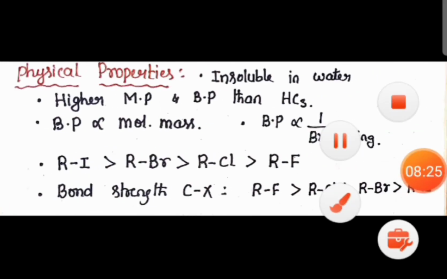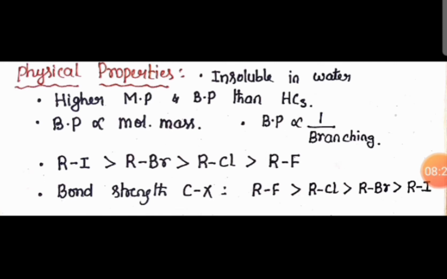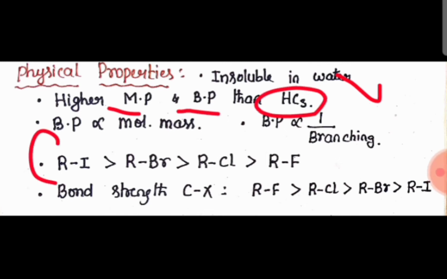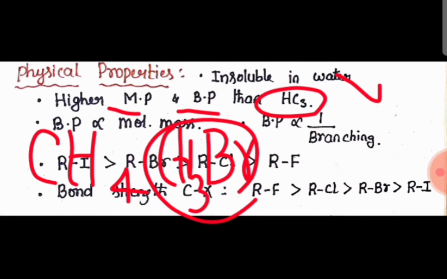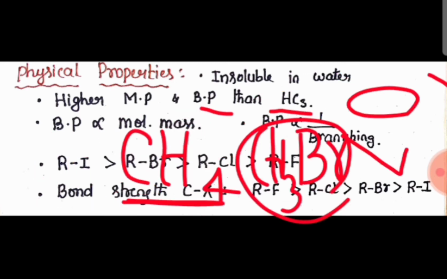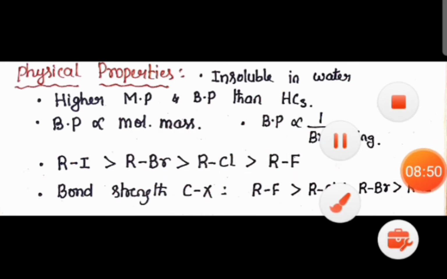Now let us see the physical properties of haloalkanes. They are insoluble in water and they have higher melting and boiling points compared to the parent hydrocarbon. Compared to methane, methyl bromide has a higher boiling point. Compared to the hydrocarbons, the alkyl halides have higher melting and boiling points.